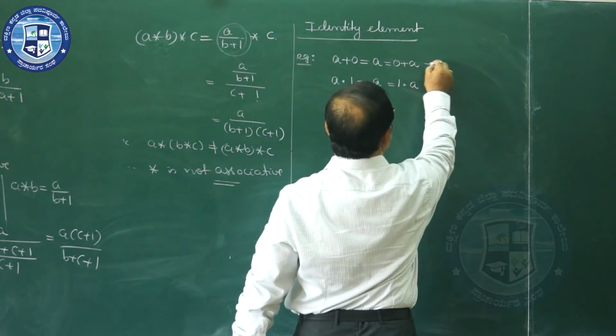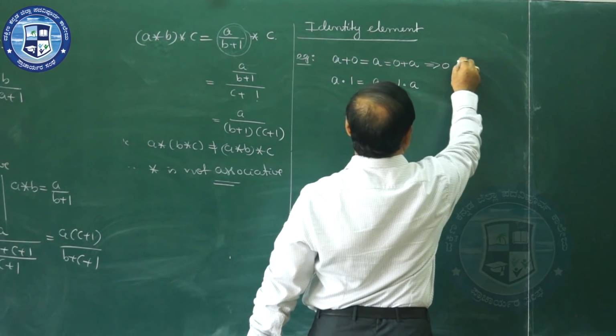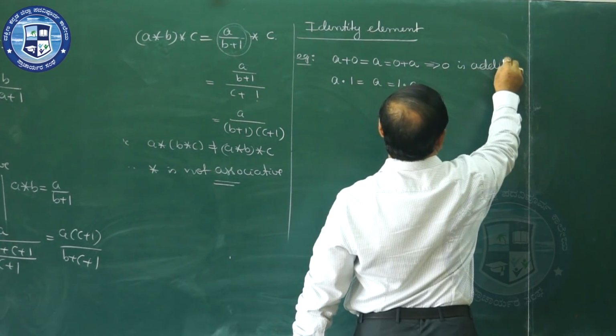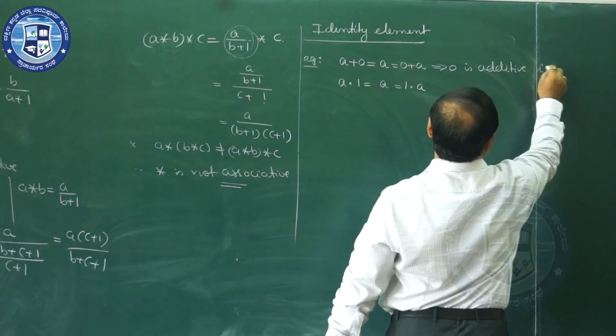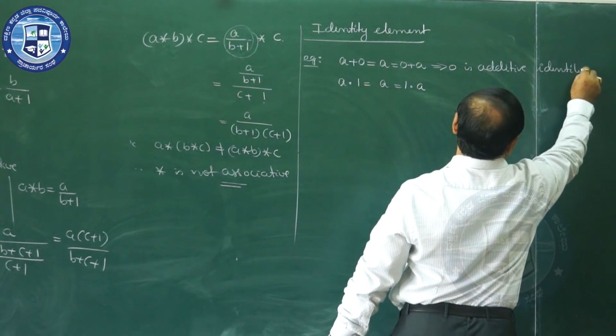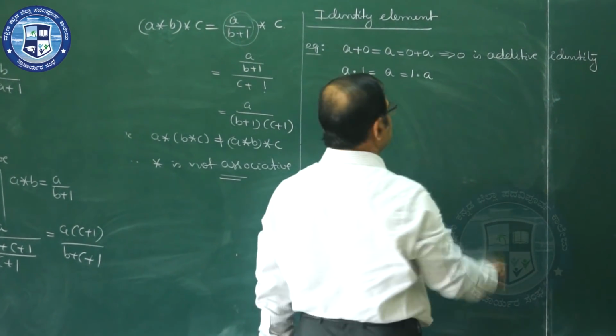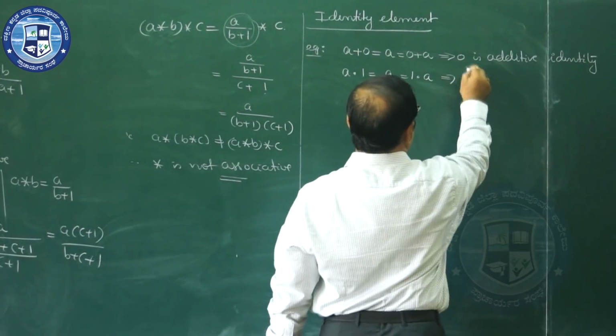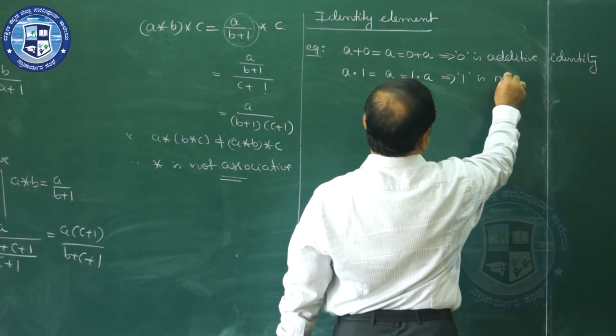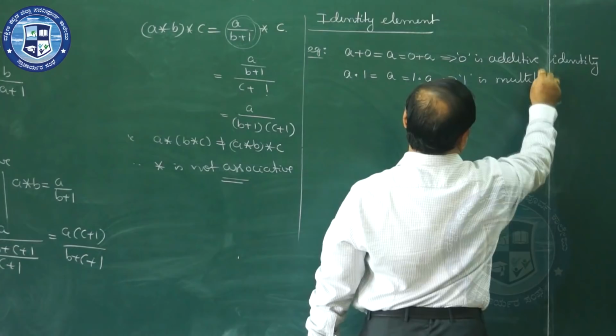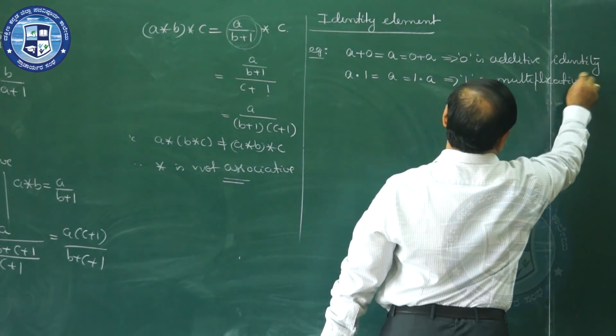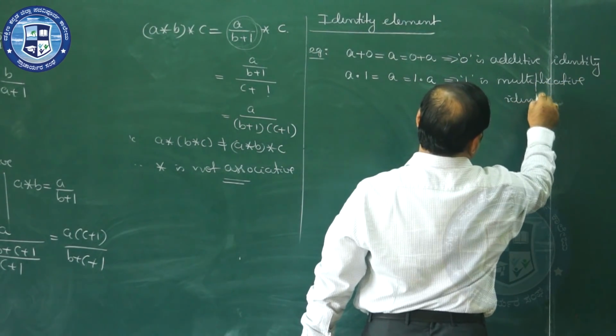So we take 0 as the additive identity, and 1 is the multiplicative identity.